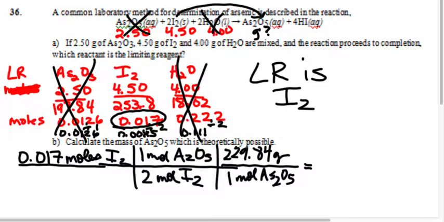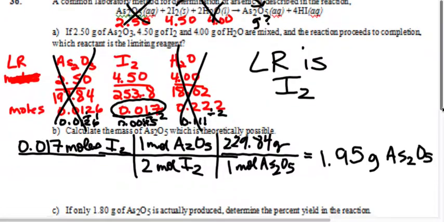And go ahead and give me 3 sig figs from this. 1.95, thank you. 1.95 grams of As2O5. All right, so we answered the theoretical yield question.